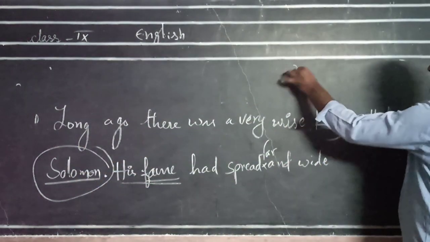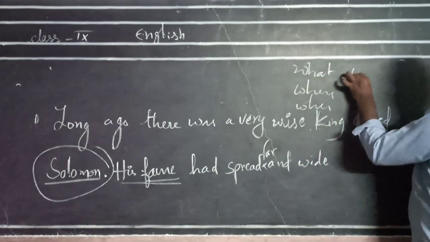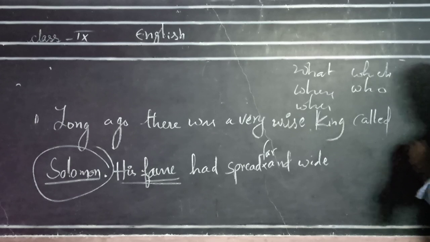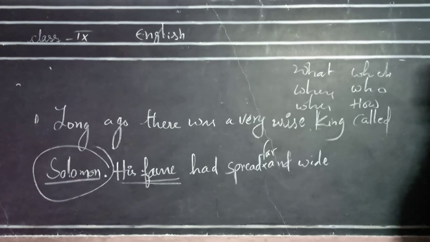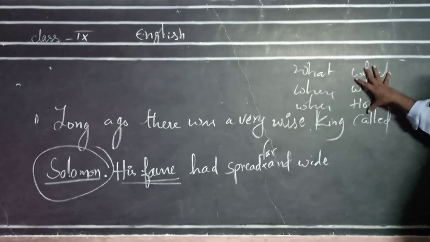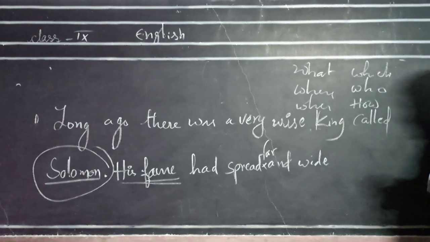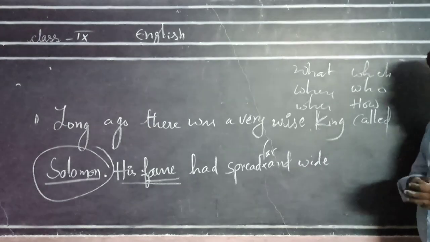For example, we have what, where, when, which, who, and how. These are the question words. So we have to identify which word is suitable to frame a question first. If you want to ask a person his name, if you don't know somebody's name, how can you ask?